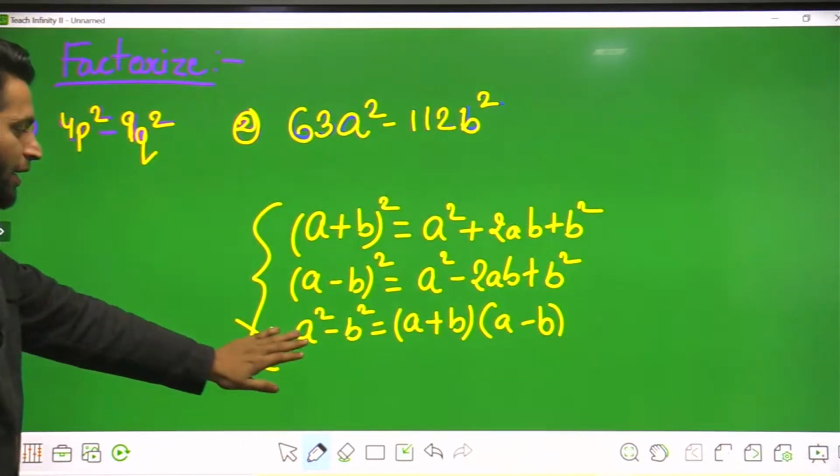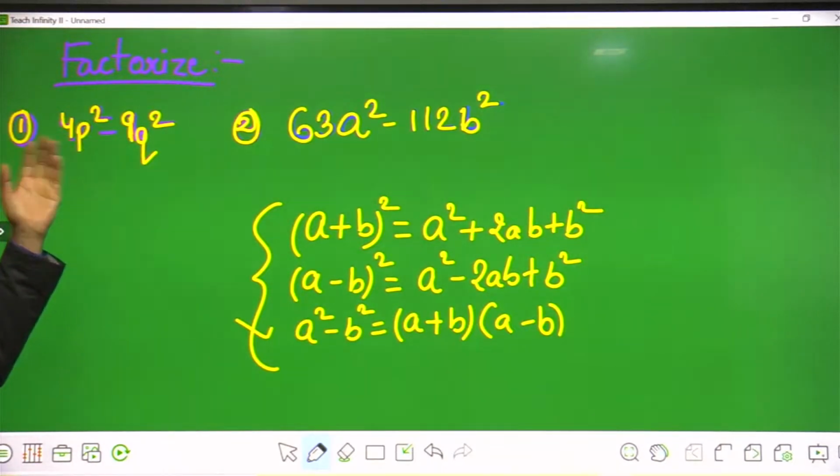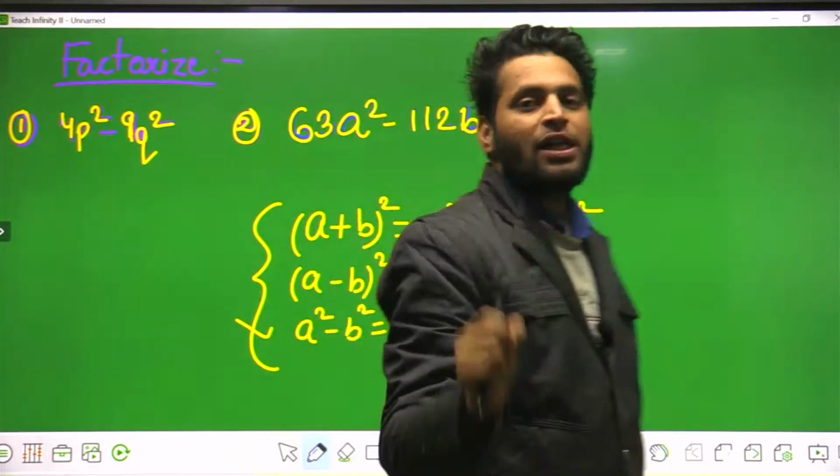But right now it is not in a square form, because 4 is not in a square form and 9 is also not in a square form.